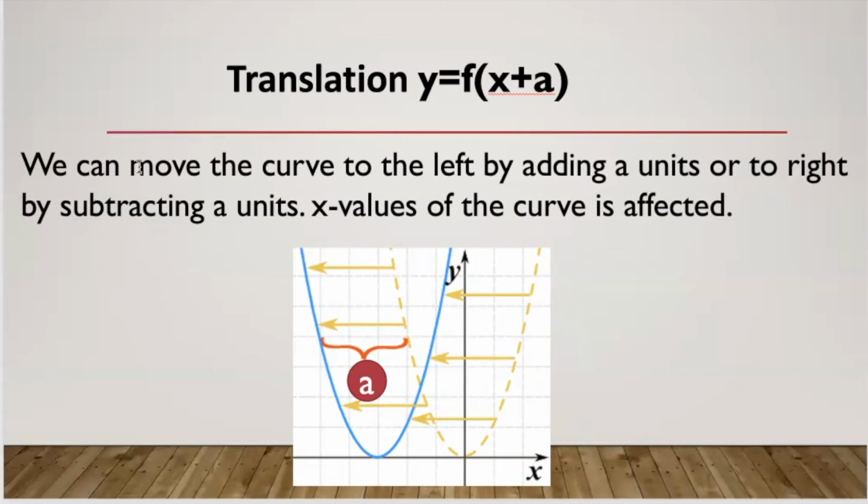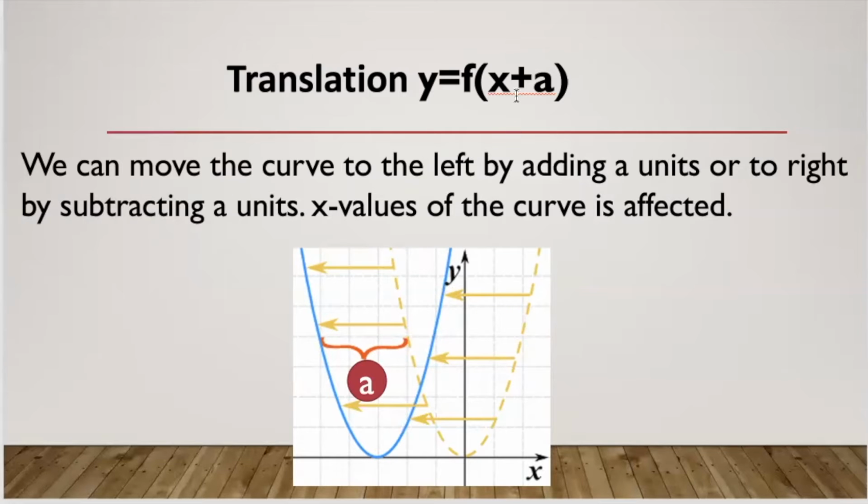If I have the translation y equal f of x plus a, with the a within the bracket, there's a change in the x values. So you realize the x is being affected. If I add a, then we're shifting a units to the left.